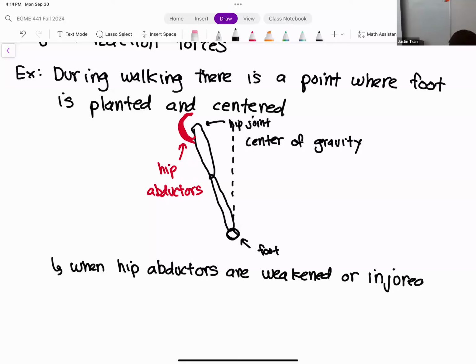So when the hip abductors are weakened or injured, what tends to happen is that these people have a hard time keeping balance and maintaining their stance, and they often have a hard time walking as well.